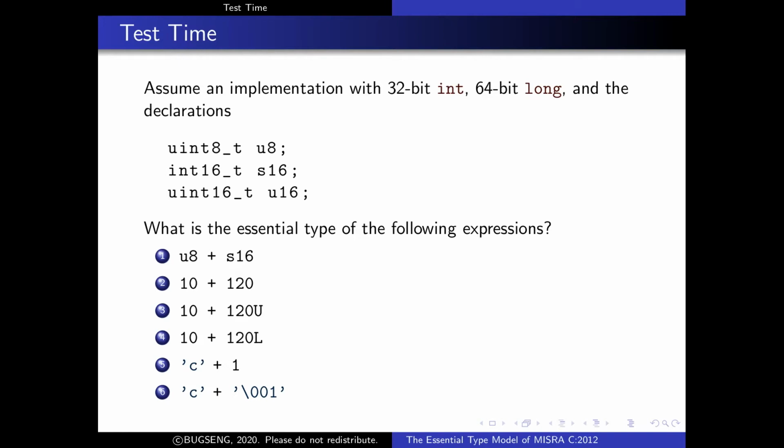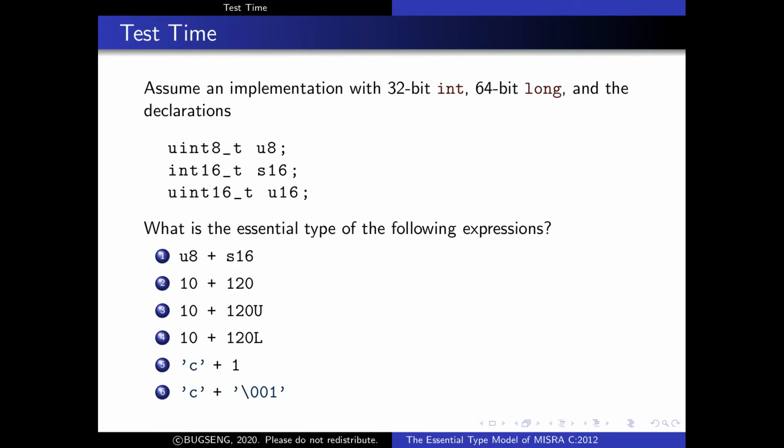The last poll. Here we have character plus character, which is not the exception. We have seen that for the binary plus operator, the rule applies only if both operands have essential category signed or essential category unsigned.